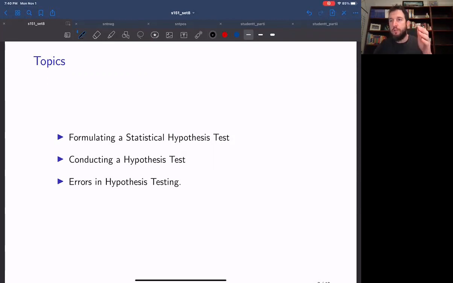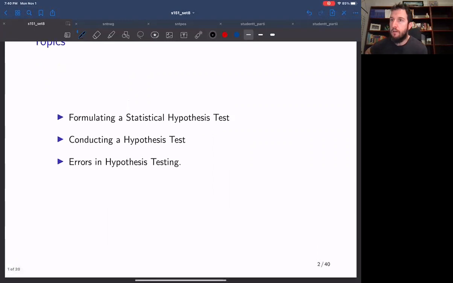We have an assumption checking step, and then we have 6 steps that we follow every single time we do a hypothesis test. Certain aspects of the steps are going to change depending on what it is we're interested in testing. But for the most part, if you just follow those 6 steps through, you should be able to arrive at the correct solution to the hypothesis test and an answer to the question that you are being posed.